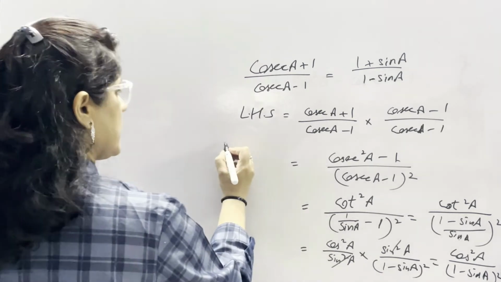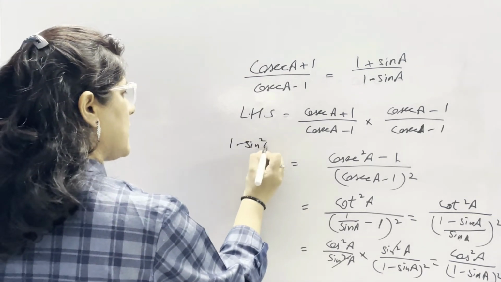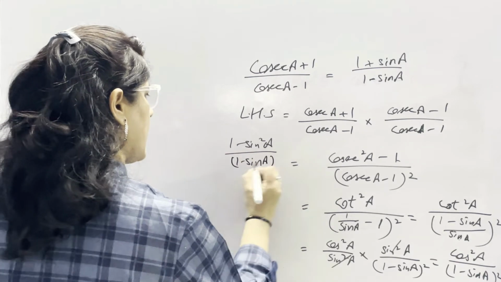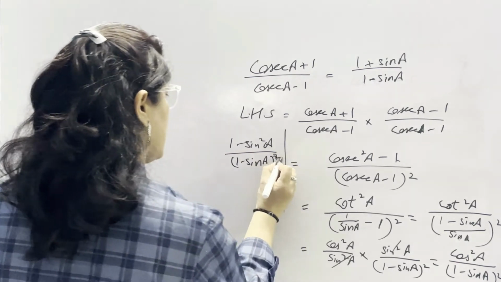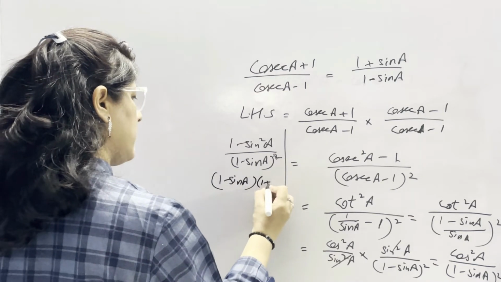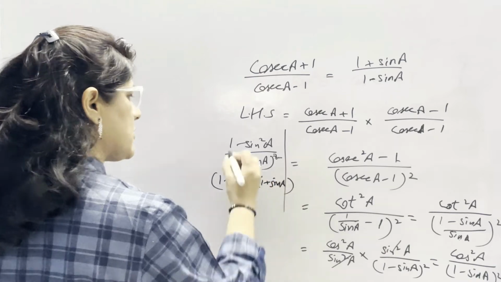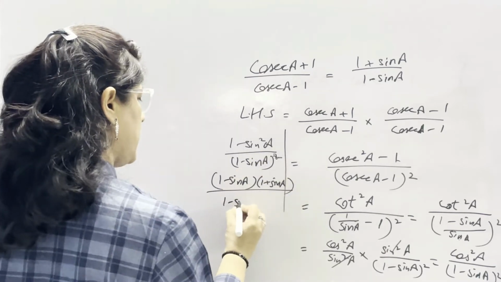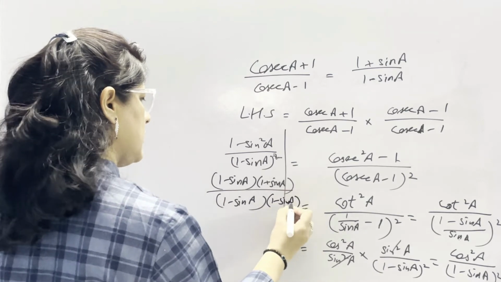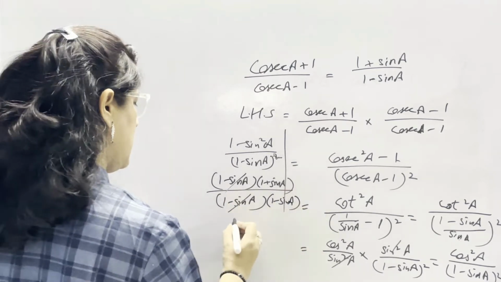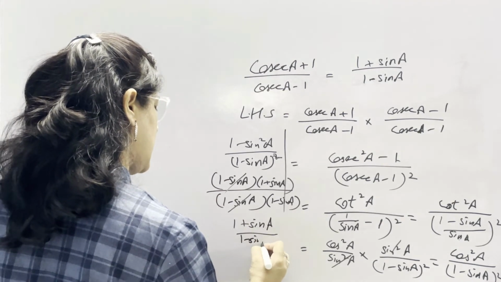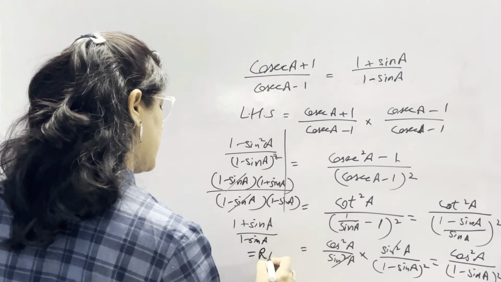Now we know that cos square is equal to 1 minus sin square A upon 1 minus sin A whole square. Now 1 minus sin square A is 1 minus sin A and 1 plus sin A, A square minus B square. In the denominator, 1 minus sin A is 2 times because square is there. So, we can cancel 1 minus sin A, and then 1 plus sin A upon 1 minus sin A is our RHS.